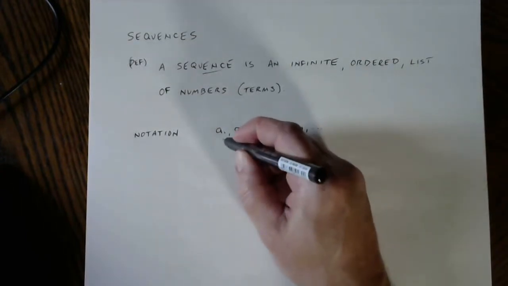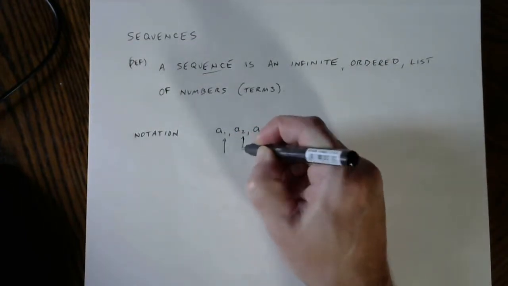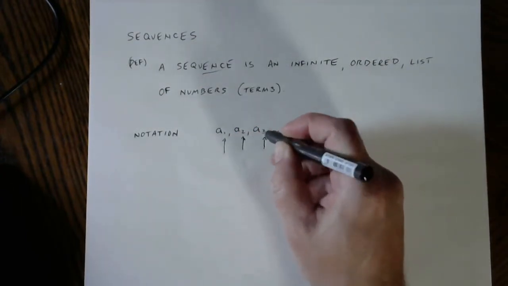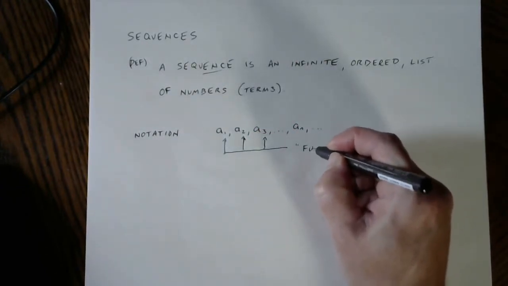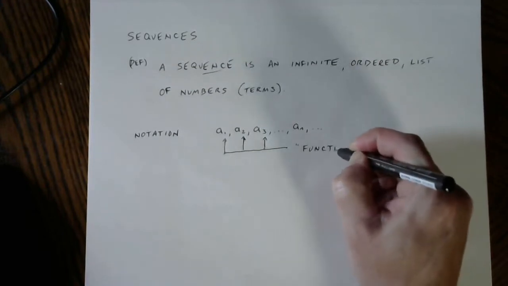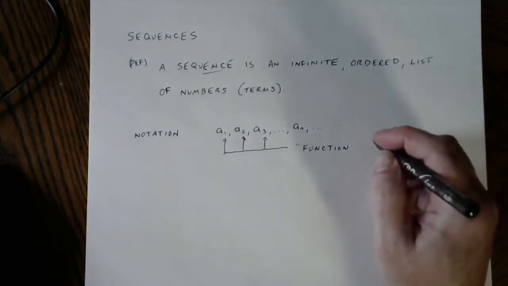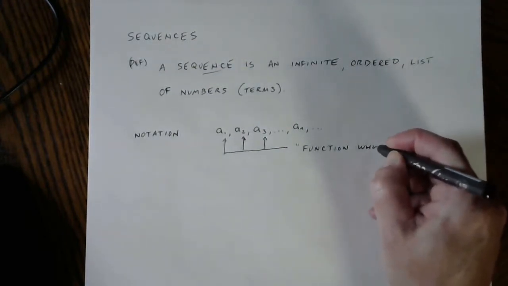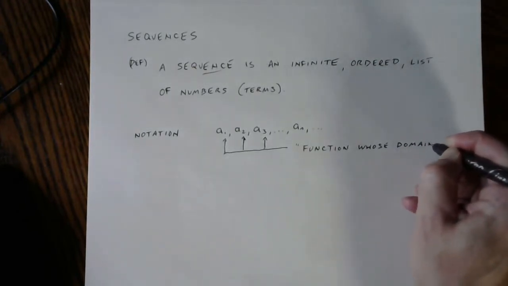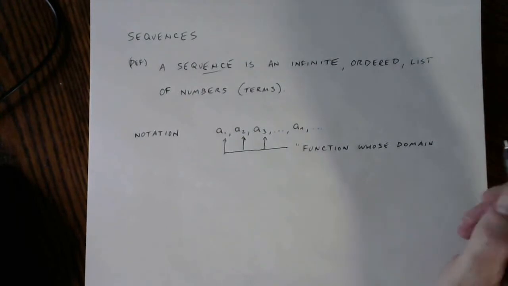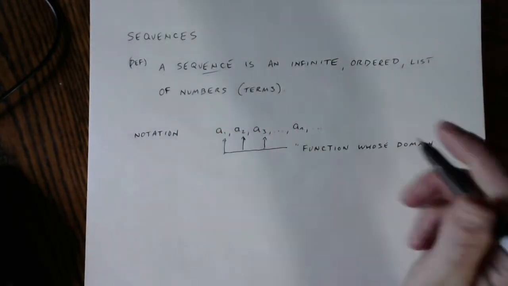And one thing to point out, obviously we can all count: 1, 2, 3. You can think of this almost as a function where the domain is the integers, positive integers in this specific case.